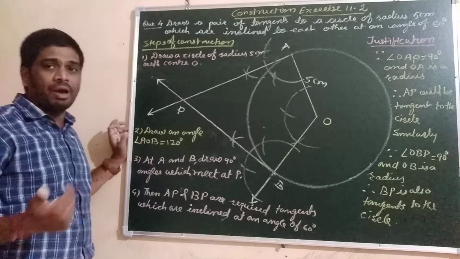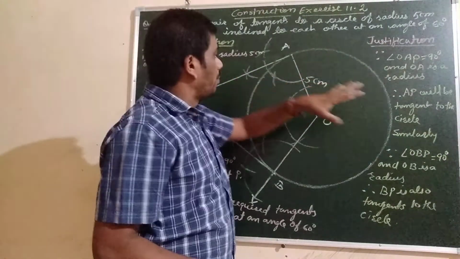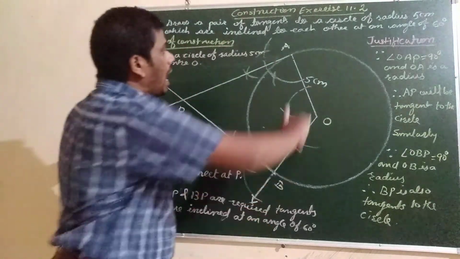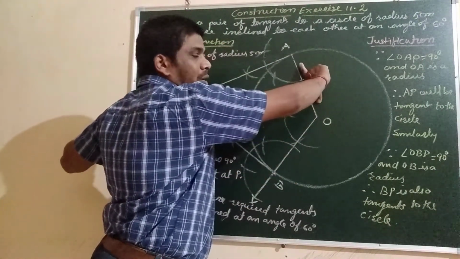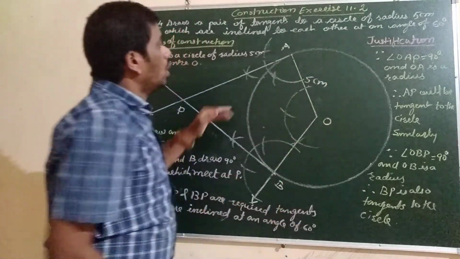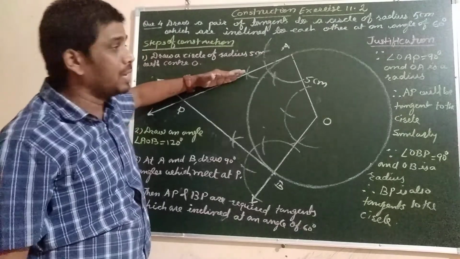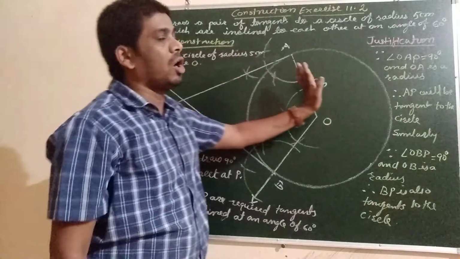Now, how to write the justification? Here we know that angle OAP is 90 degree, and OA is the radius. So AP will be a tangent, because tangents are perpendicular to the radius.